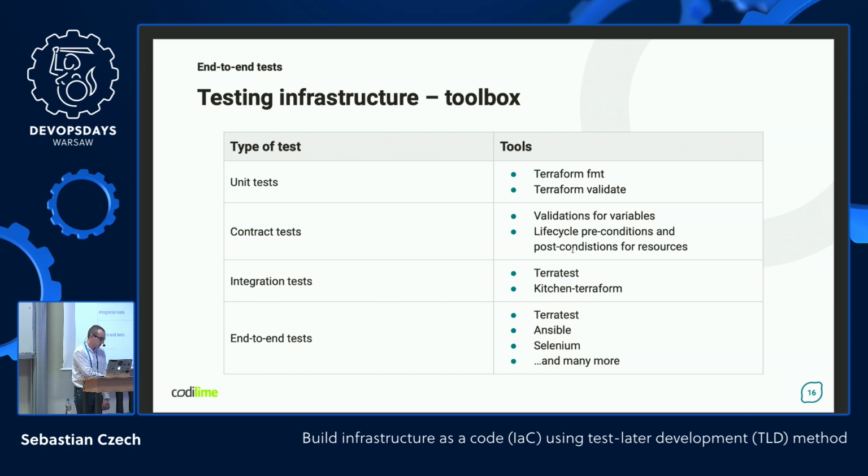So we can easily connect it with all CI/CD tools like Azure DevOps or Jenkins and present the test reports in a nice way. If we are provisioning a web application on our infrastructure, we can use Selenium for end-to-end tests, and many more approaches which are not listed here.